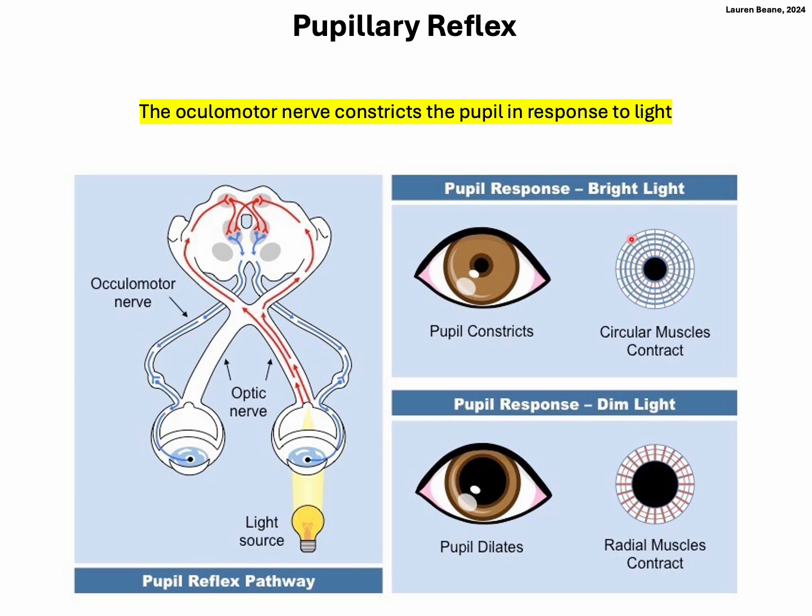With the pupillary light reflex, when you shine a light onto an individual's eye, the pupil should constrict in response to that bright light. The sensory input there, of course, is traveling through the optic nerve, but there are connections to the oculomotor nerve, which are automatically going to cause constriction of the pupil to reduce the amount of light coming in to the eye.